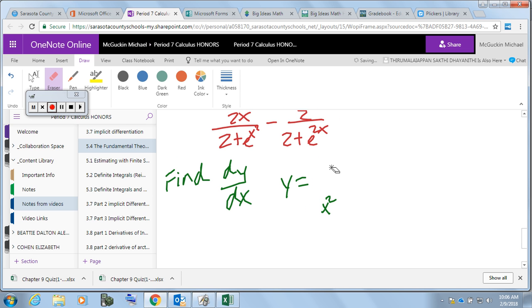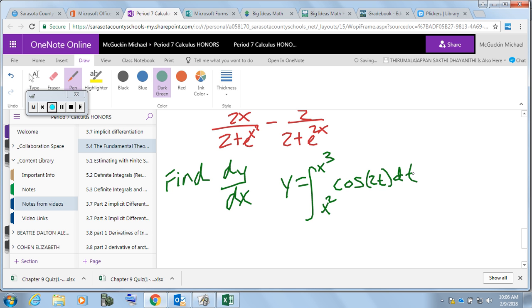Alright, so give this one a shot here. The integral has a lower limit of x squared and an upper limit of x cubed, and we are trying to find the integral of cosine of 2t dt.